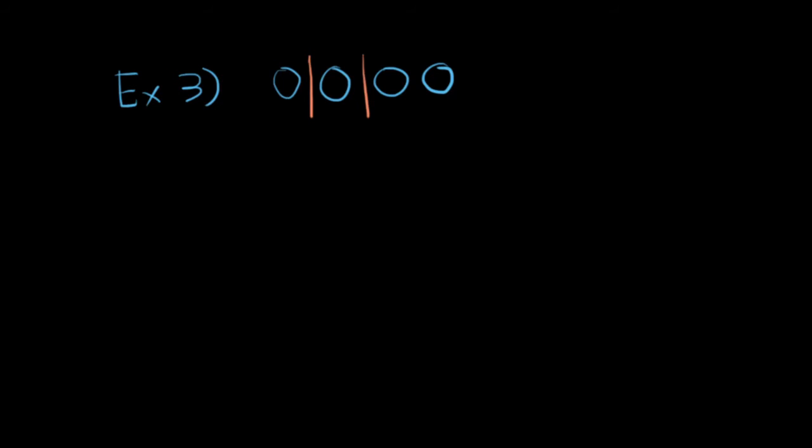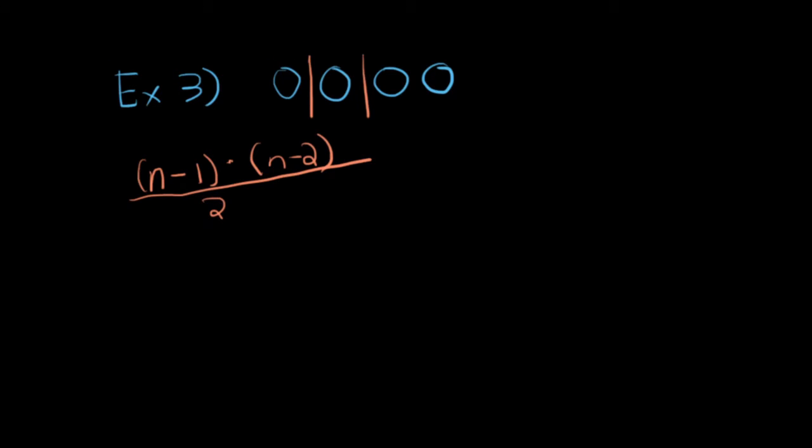I'll say what the formula is. We'll let n be the size of the string, so n in this case would be 4, so it's n minus 1 times n minus 2, and then all of this divided by 2.